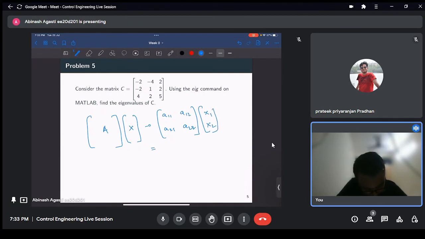Now, when we multiply this, we all know how multiplication happens. Now, how can this be written as? We can decompose it.